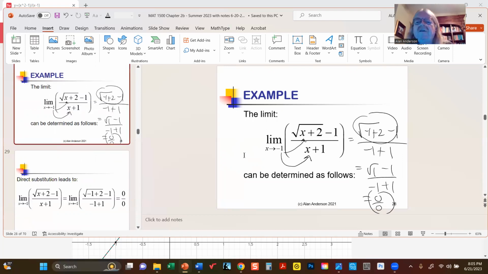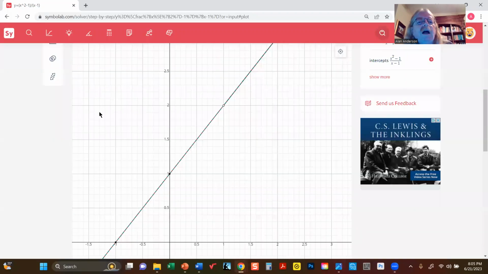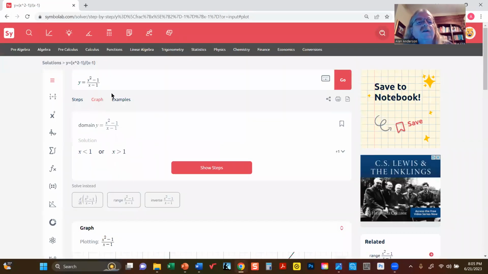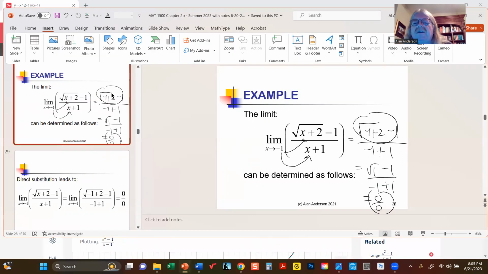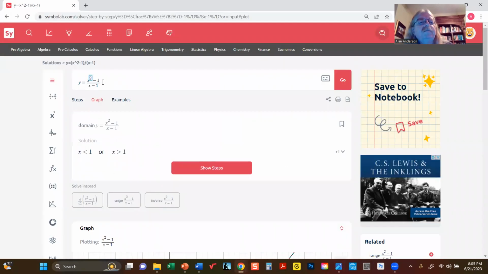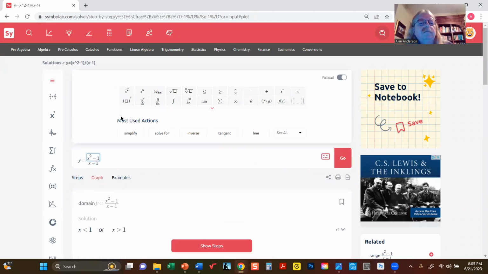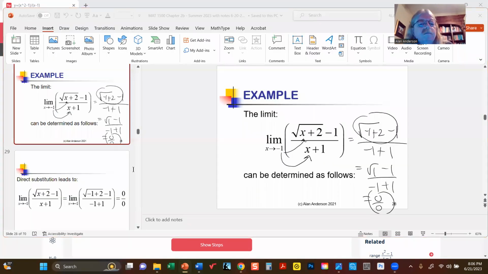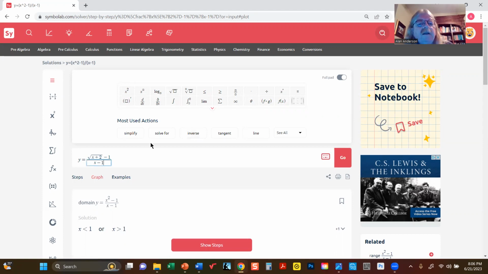All right, now, we can look at Symbolab for a second here. I'm not sure what this thing is going to look like. Was it radical x plus 2 over 1, and then down here we have x plus 1.